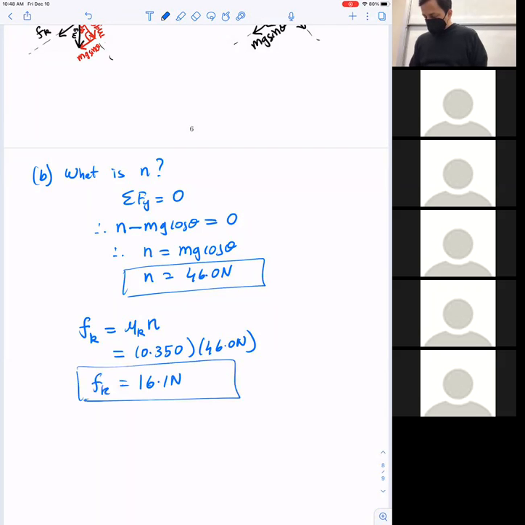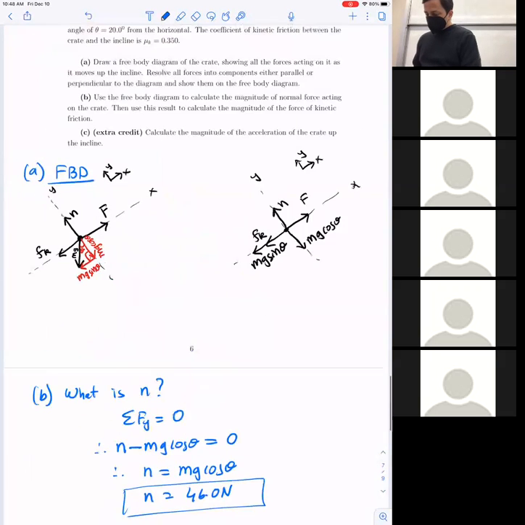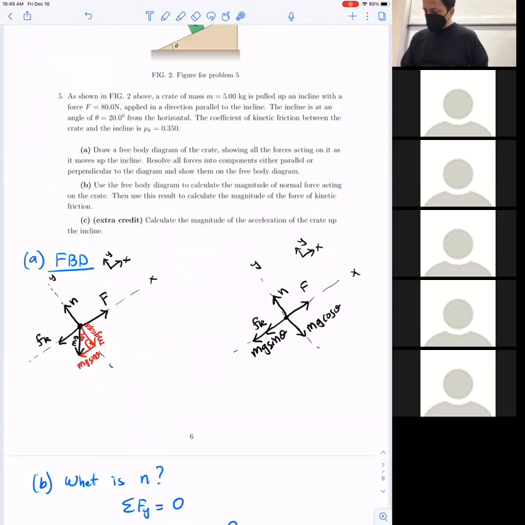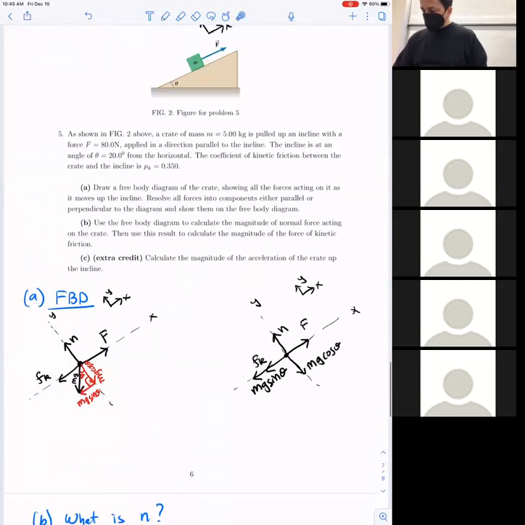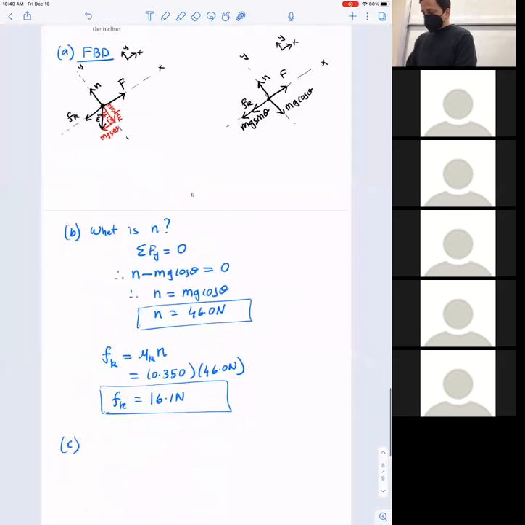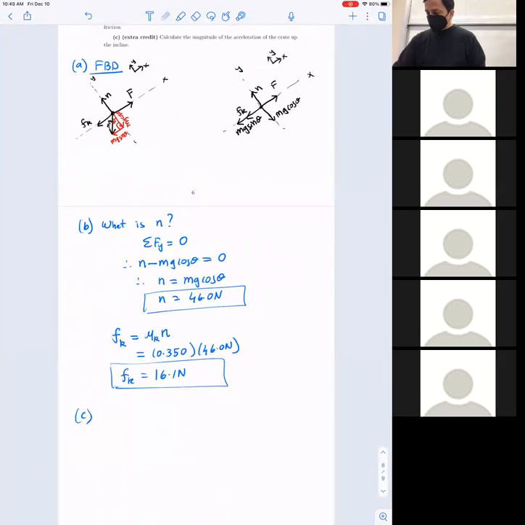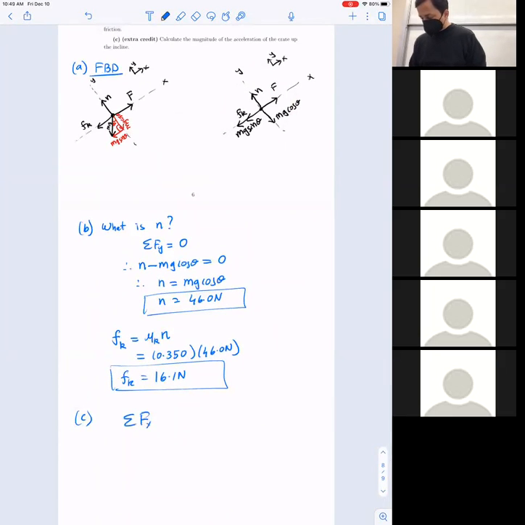And let me very quickly just do part C as well. Part C says, what is the acceleration of this crate as it goes up the incline? Well, it's real simple. Once you have this picture, all you have to do is say that the sum of the forces along the x direction is mass times the acceleration along the x direction. The sum of the forces, just by reading off this picture, is simply F minus F sub k minus mg sine theta is equal to mass times the acceleration.